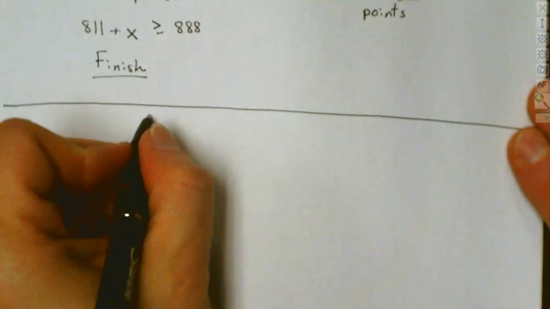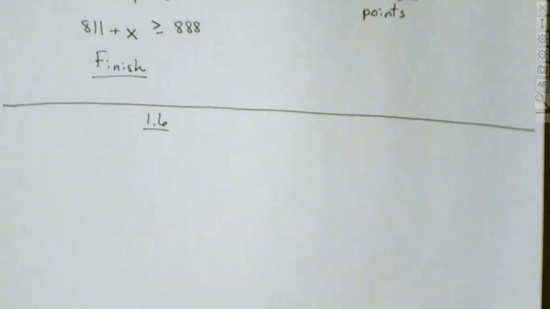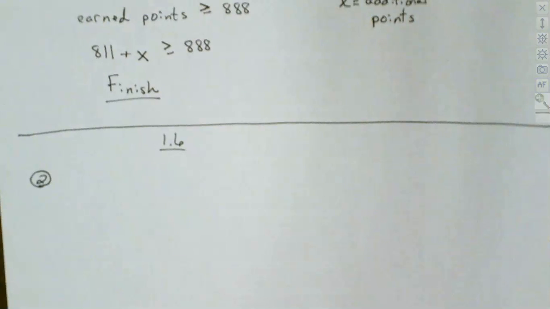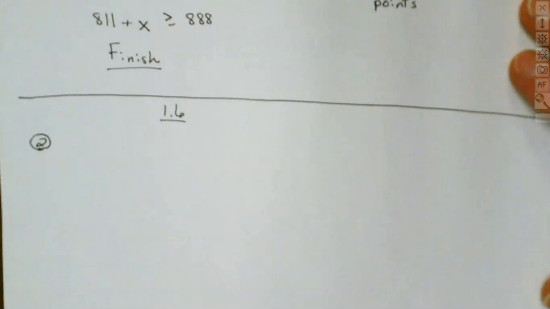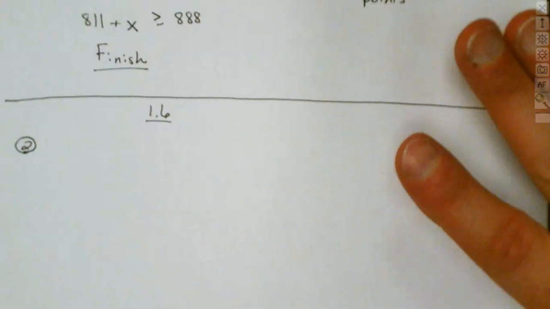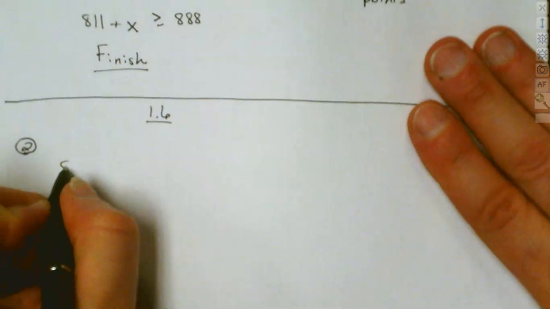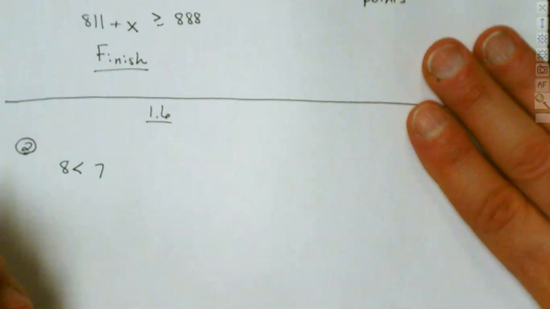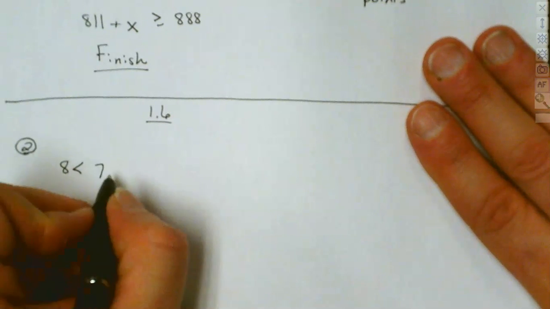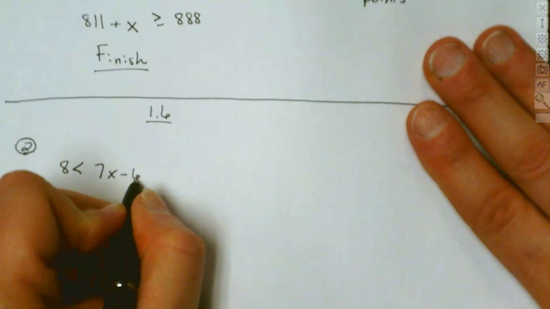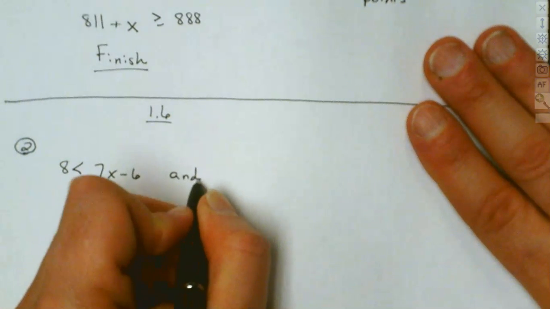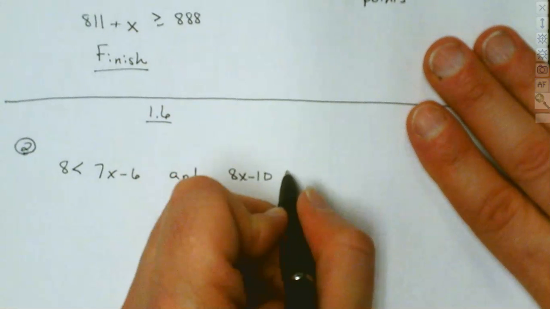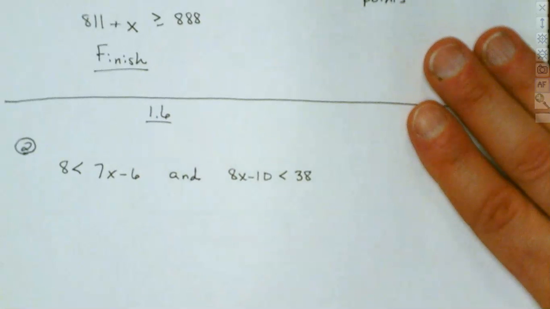So we're now in 1.6, and we're going to start with question 2. I picked this one because it has an and in it. So we've got 8 is less than 7x minus 6, and 8x minus 10 is less than 38.